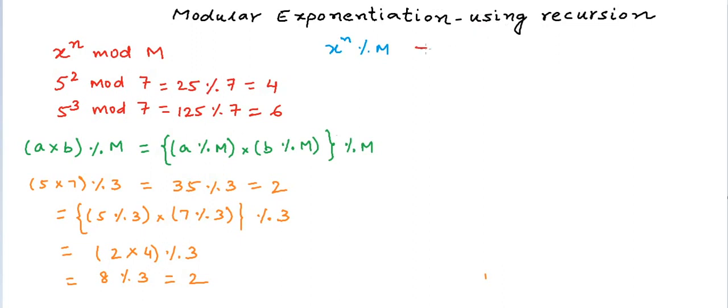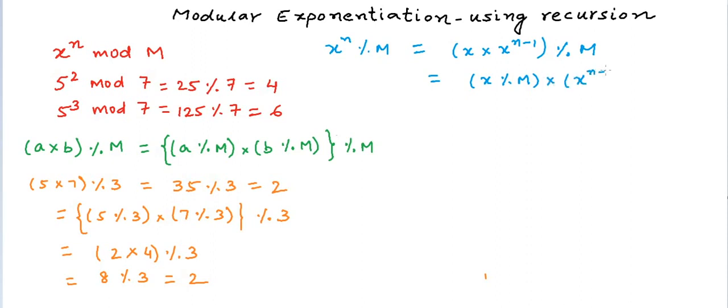Now here we can write x to the power n as x into x to the power n minus 1. So this overall expression would be x into x to the power n minus 1 modulo m. So we can also write this as x modulo m into x to the power n minus 1 modulo m and an overall modulo m. So here a is x and b is x to the power n minus 1.